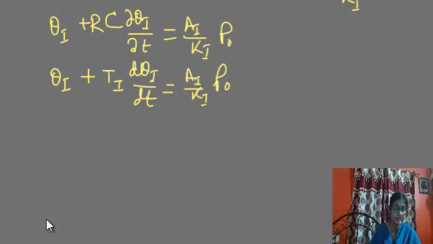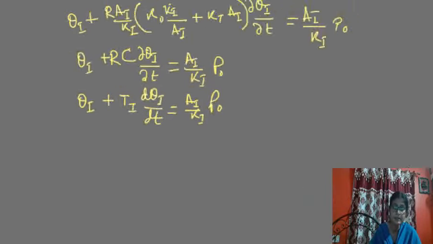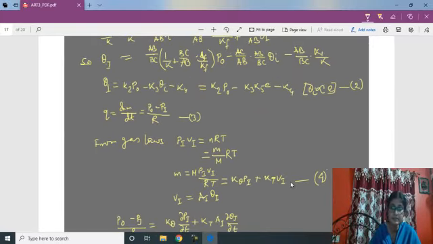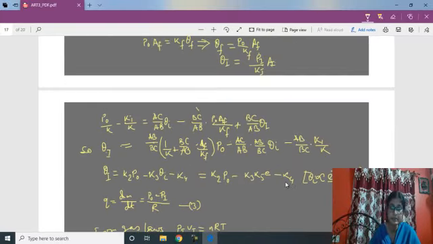Now the θI from our previous expression is k2 P0 minus k3 k5 e minus k4.